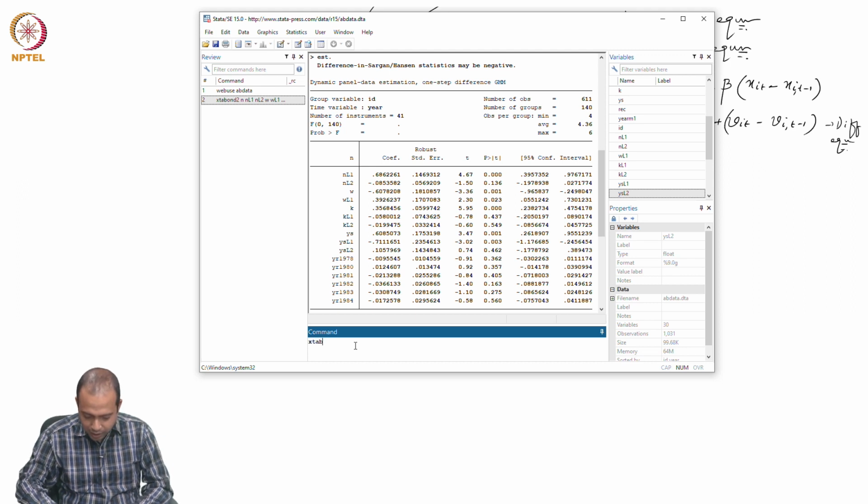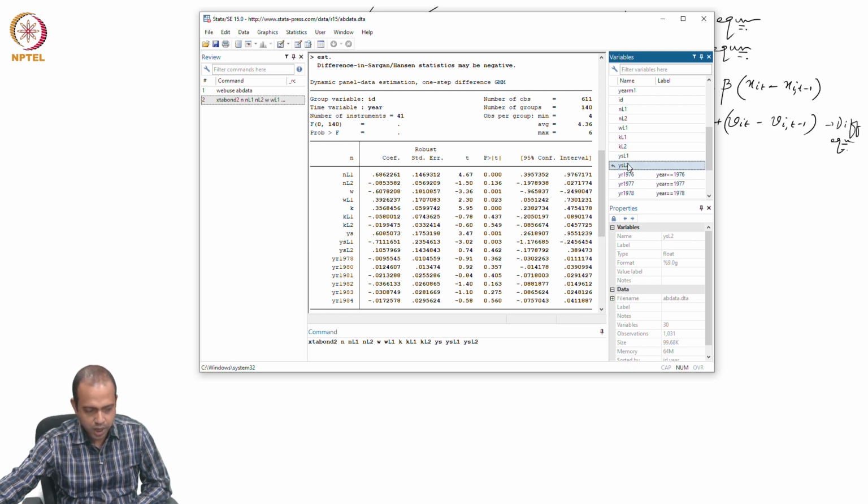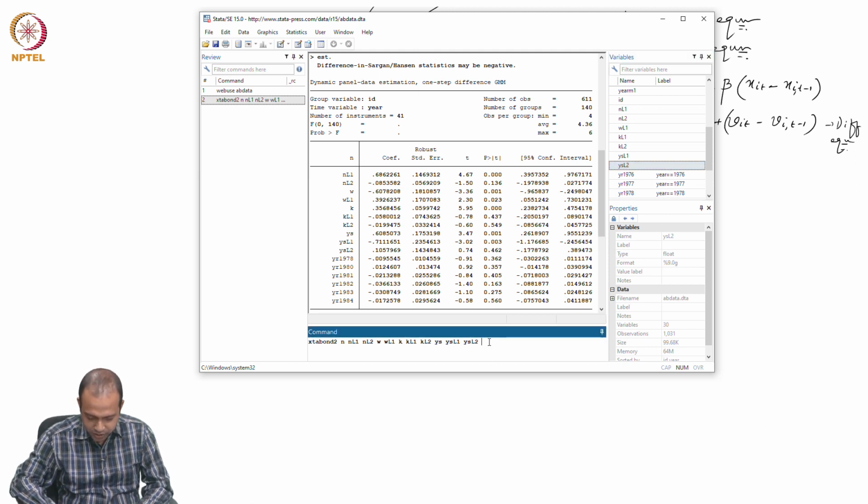So, we will put xtabond2 n, then n L1, n L2, then w, w L1, then capital, then k L1, k L2, and then we have output ys, ys L1, ys L2, and then the year star.